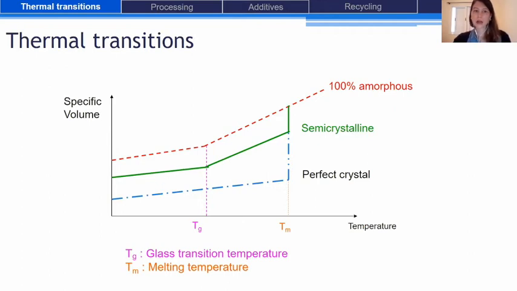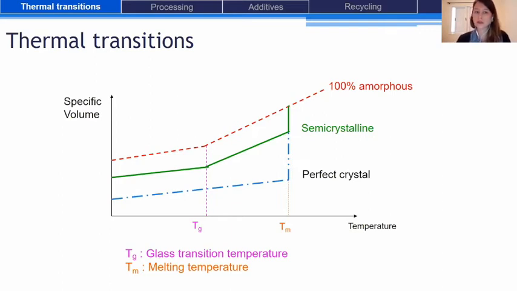And so this graph is very important when we deal with polymer processing, because depending on the temperature at which we process our polymer, and the temperature at which it will be cooled, we will have a change of the expansion of the polymer, of the volume of the polymer, and so a change of the dimensions of the material.